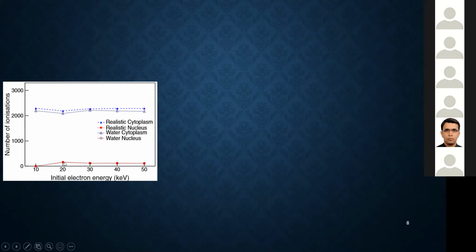They have the same behavior. Over here, you can see that they are literally one on top of another one. Over here, you can see a little difference, but not like in the cytoplasm. So, okay, considering realistic, it's important.